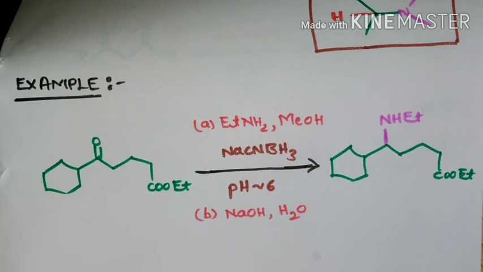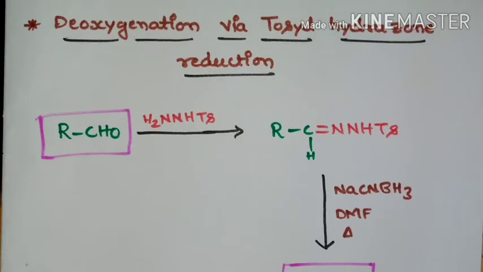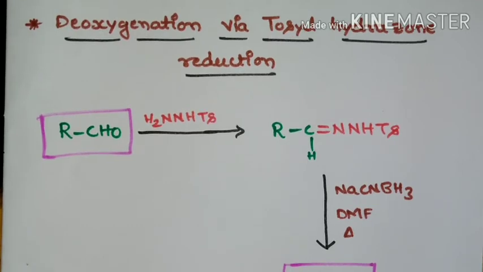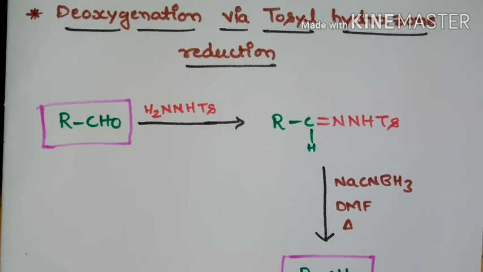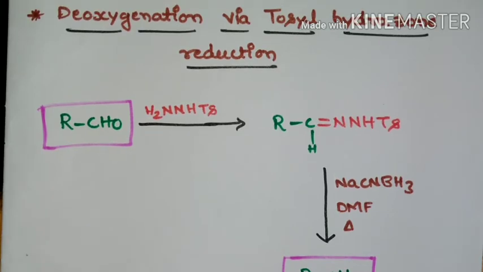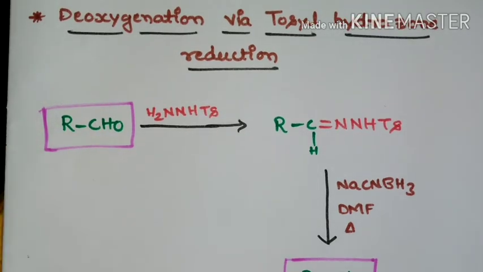With sodium cyanoborohydride, one more application is deoxygenation via tosyl hydrazone reduction. Means here, if we take a carbonyl group, it will be reduced to the corresponding hydrocarbon via formation of a tosyl hydrazone. Here you can see a general reaction.